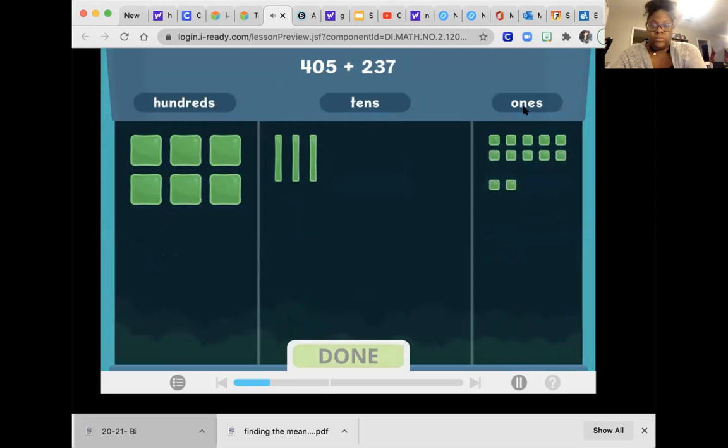Now the blocks are all together. If you have 10 ones, make a 10. If you have 10 tens, make 100. Then tap done. So we have 1, 2, 3, 4, 5, 6, 7, 8, 9, 10. Yes, we do have 10 ones.